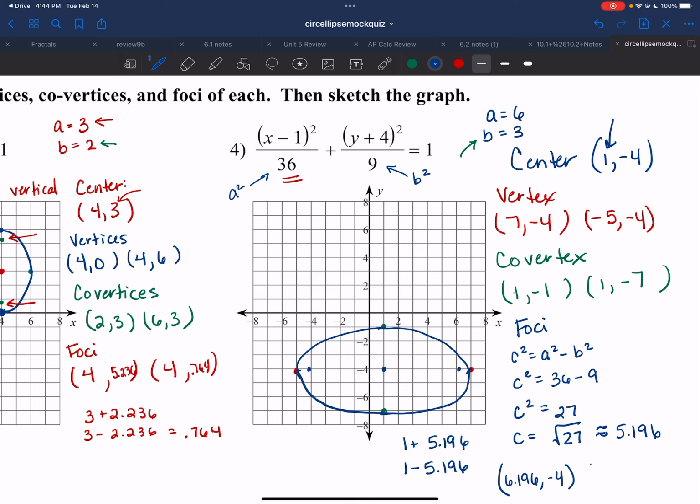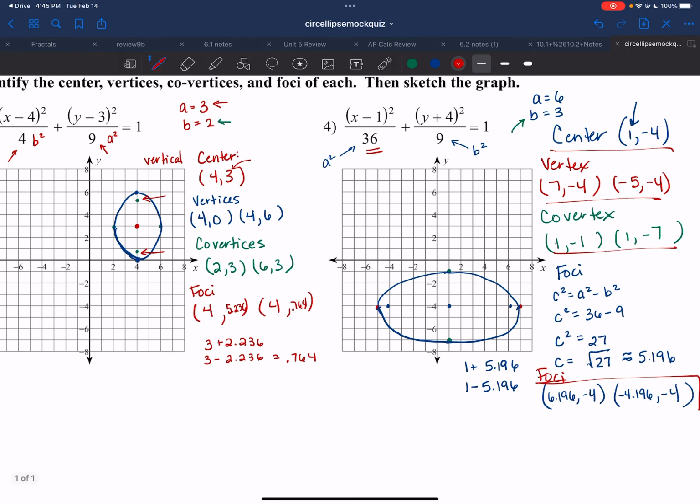And then on the other side, if I do 1 minus 5.196, I get -4.196 and -4. So these are my foci. So we've got that one. We've got my co-vertex, my vertex, and my center, and then my graph. So these are the things that you're going to have to know.